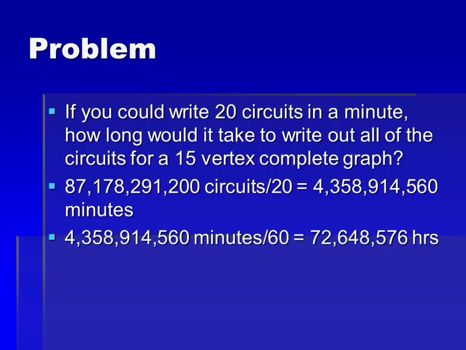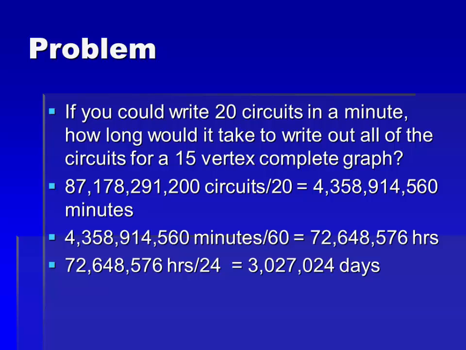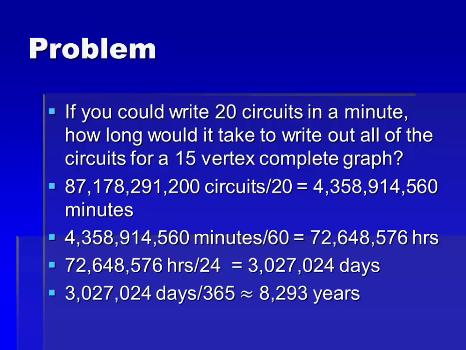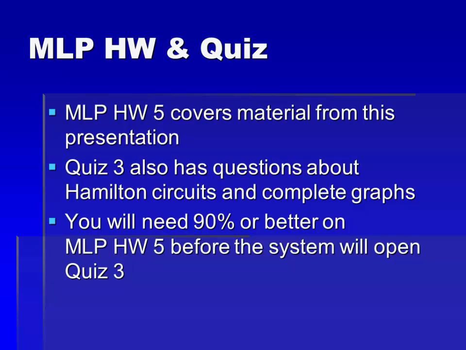I take the minutes and divide by 60, and I will get 72,648,576 hours. Take the hours and divide by 24. That gets me 3,027,024 days. And finally, if I take that and divide by 365 for the number of days in a year, we end up with roughly 8,293 years.